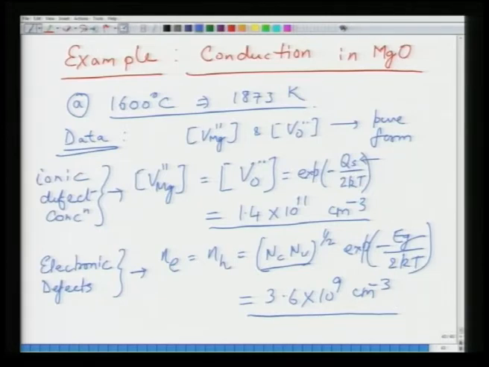Now, what we are looking at is the calculation of conductivity in both cases, and we will see what kind of conduction prevails in magnesium oxide. So, now the diffusion coefficient. In order to work out the ionic conductivity, you need to know the diffusivity, and diffusion in magnesium oxide takes place by movement of magnesium vacancies, because magnesium ions are smaller than oxygen ions and they tend to be more mobile.